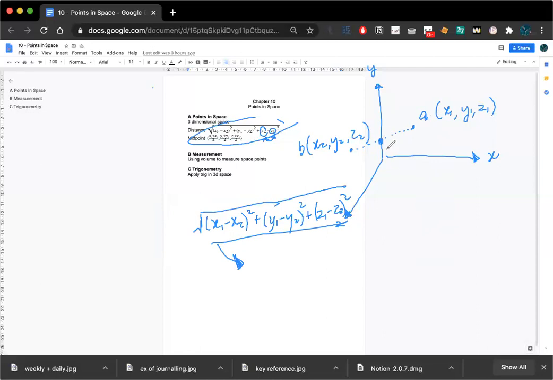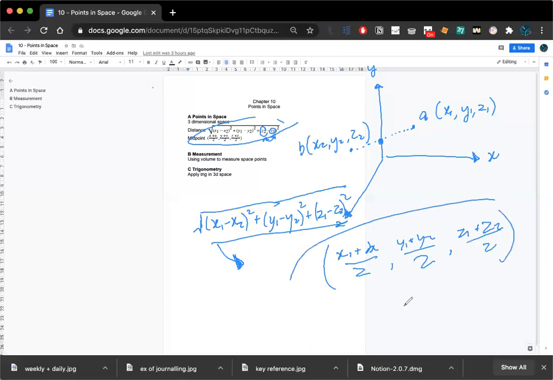To find the midpoint of A and B, you just add the two values of each coordinate and divide them by 2: x1 plus x2 over 2, comma, y1 plus y2 over 2, comma, z1 plus z2 over 2. And that is pretty much it.